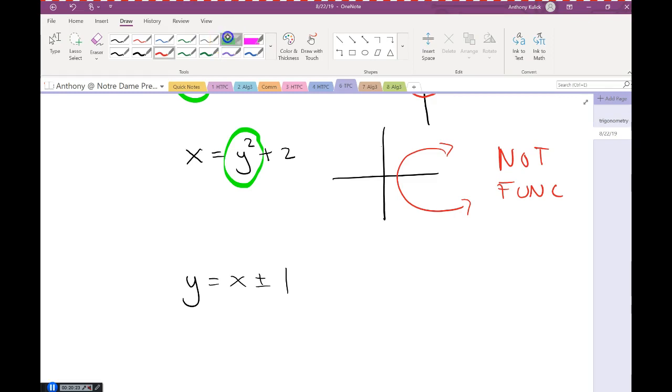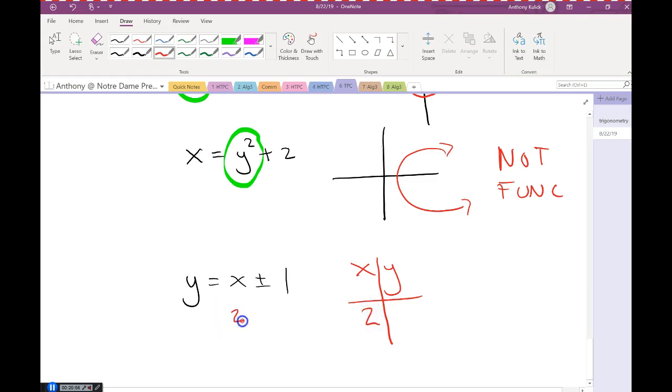Now, it seems contrary to what I just warned you about because you have the y by itself, right? What else, though, is kind of funny going on in here? We usually don't see equations with plus or minus written in them, right? That's not very common. What would happen if, say, we picked a value for x and tried to make an xy table here? So somebody pick a value for x. 2. Okay?